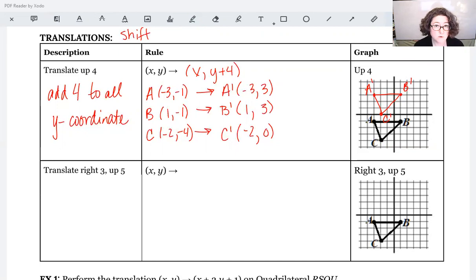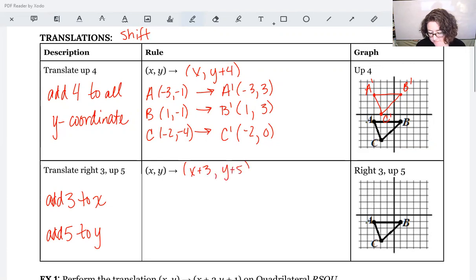So right, that means which coordinate are we changing? We're going to add 3 to our x's. And if we're moving up 5, same thing as before, we're going to add 5 to y. And if we write this out formally, our rule is going to look like (x plus 3, y plus 5).